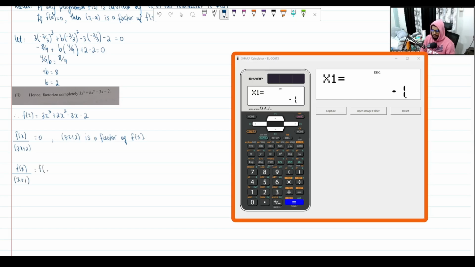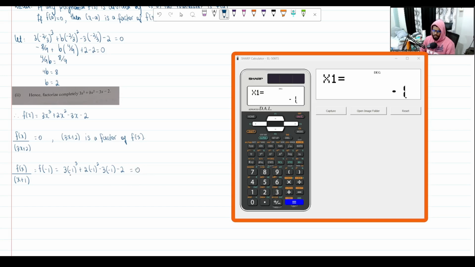This is f of minus 1, which is equal to 3 into minus 1 cubed. And this is a workaround, right? Plus 2 into minus 1 squared minus 3 into minus 1 minus 2. Bet your bottom dollar, again 0.